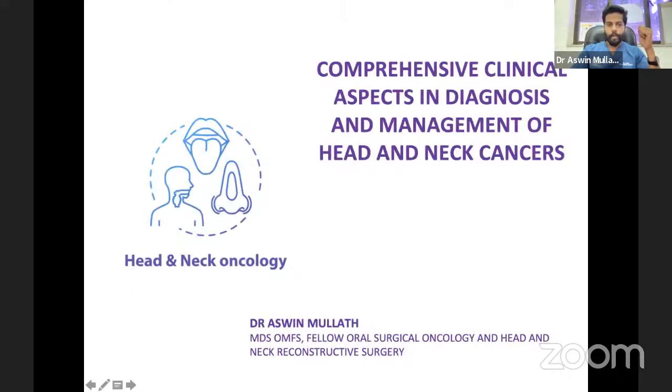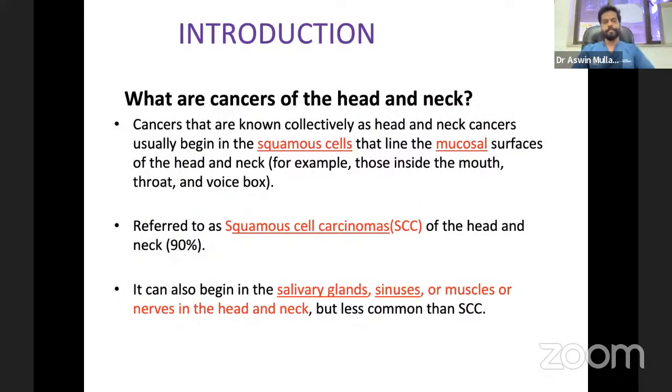I hope my slides are visible. Yeah, fine. Okay, so coming to the introduction, head and neck cancers collectively arise from the squamous cells that line the mucosal surfaces of head and neck. That means inside the mouth, throat, larynx, etc. So mostly they are collectively referred to as squamous cell carcinoma.